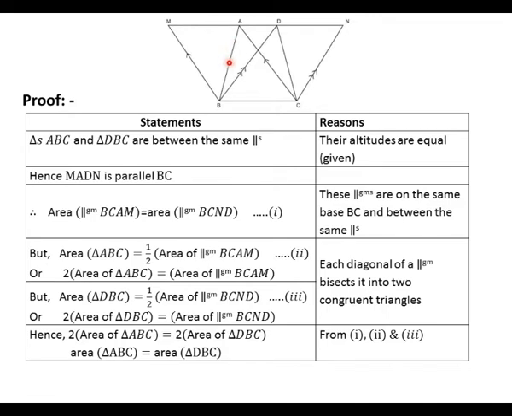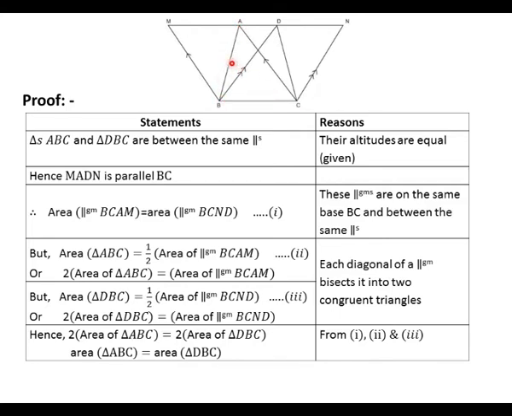Now again, if you look into this diagram, this is parallelogram BCAM and this line AB is behaving as its diagonal, and a diagonal always splits a parallelogram into two congruent triangles. I mean to say that AB will split this whole parallelogram into two congruent triangles. The first triangle is ABM, the second one is ABC.